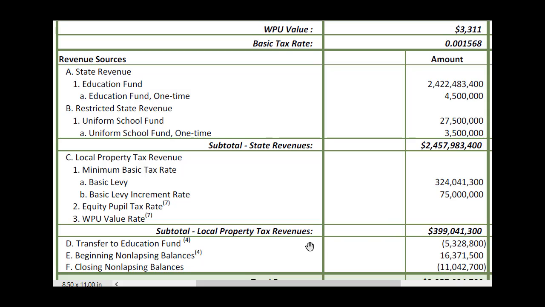As you can see, as published by the legislature, the minimum basic tax rate includes the basic levy and the basic levy increment rate, which was Senate Bill 97 from the 15 session. These two amounts together set the revenue target for the state. The revenue target for fiscal year 18 for the minimum basic tax rate is $399,041,300.